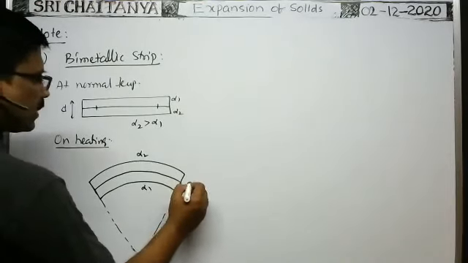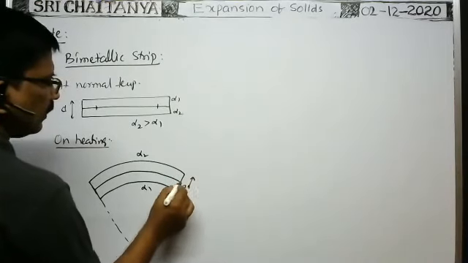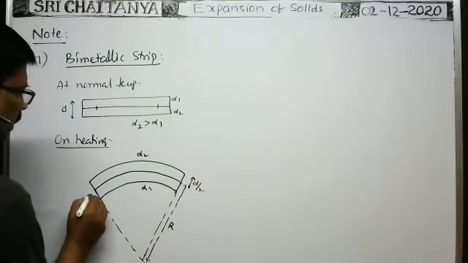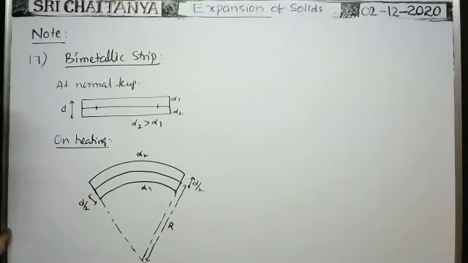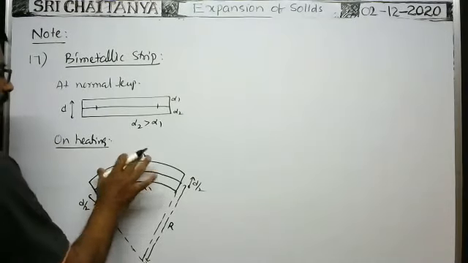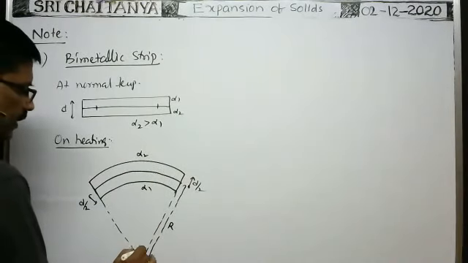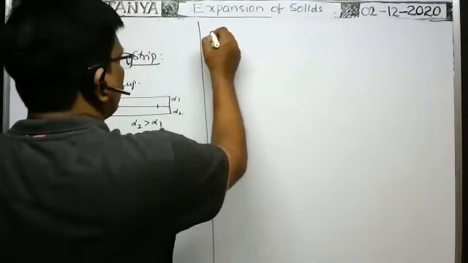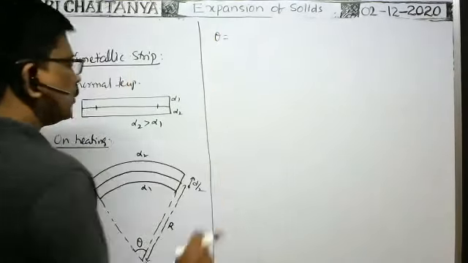Next, what about this thickness? This is the thickness of one metal strip only, which is equal to d by 2. The thickness of the other metal, this one, is also equal to d by 2. Now suppose the angle subtended by this arc at the center is theta. Then from the diagram, theta is equal to arc by radius.